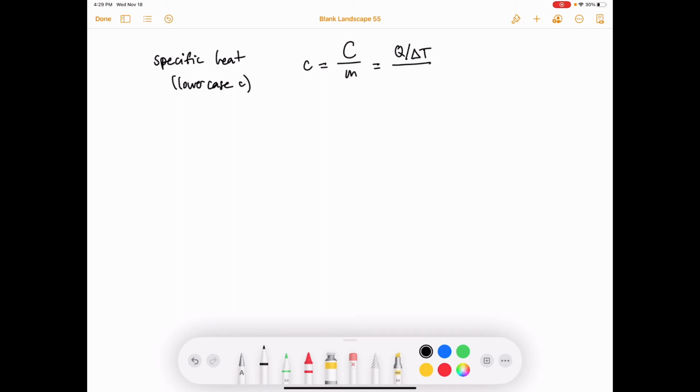What we're doing here is we're basically dividing out the mass on top of that. So we have Q divided by m times delta T. So basically, this is heat flowing into the system divided by the mass and the temperature change.